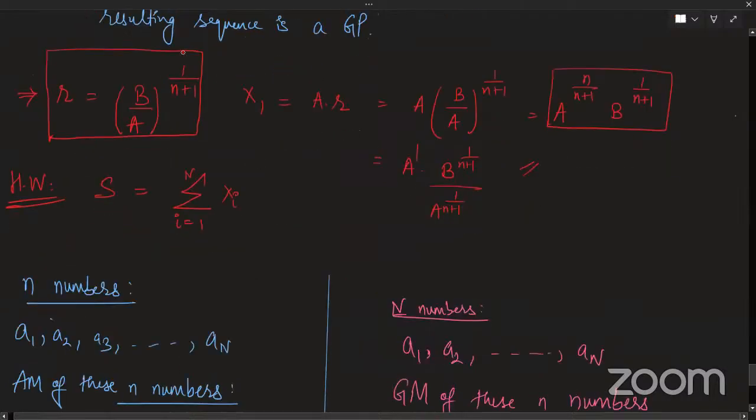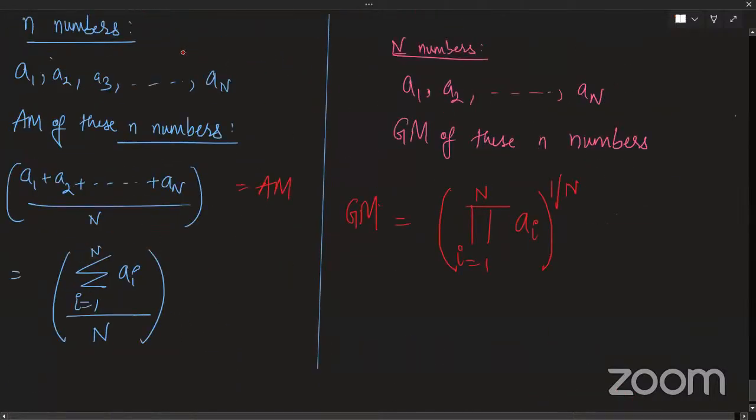There are total n terms, a1, a2, a3, like that till an. I will go from i is equal to 1 to i is equal to n, and I will take the product pi of all of these. After taking the product, I will raise it to 1 by n. Fine? I'm basically taking the nth root of the product.